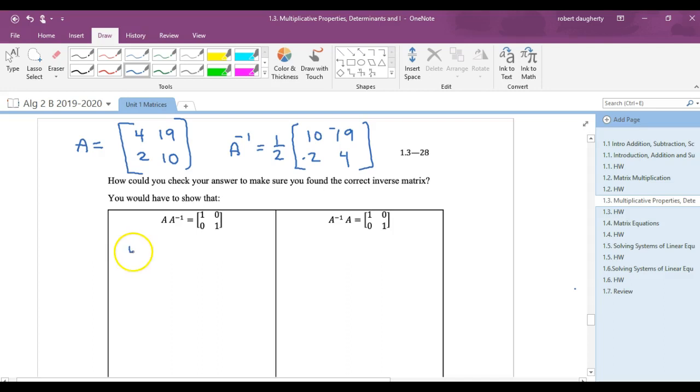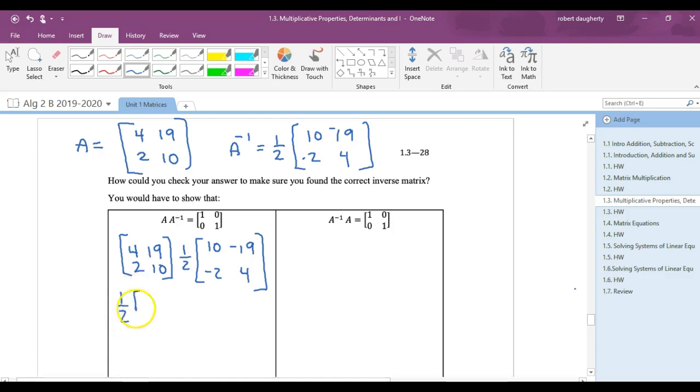So let's try that. 4, 19, 2, 10, times 1/2 times 10, negative 19, negative 2, 4. Now the reason I kept this 1/2 out is I just want to hold it out to the end, because if I put this 1/2 in this matrix, I've got fractions. So I'm going to pull this 1/2 in front.